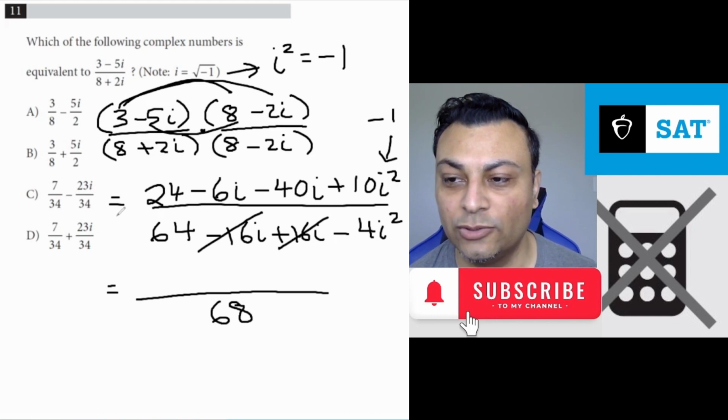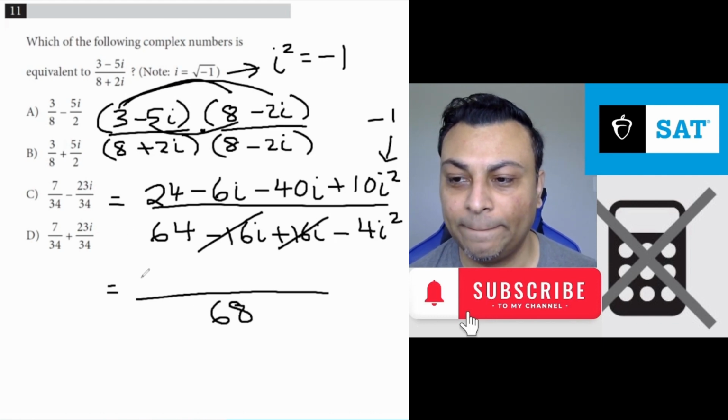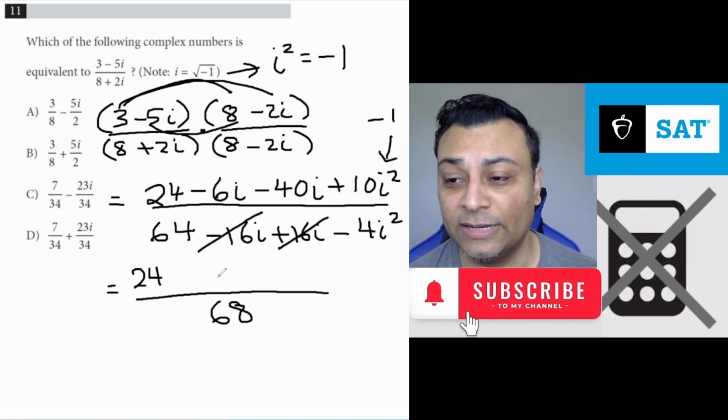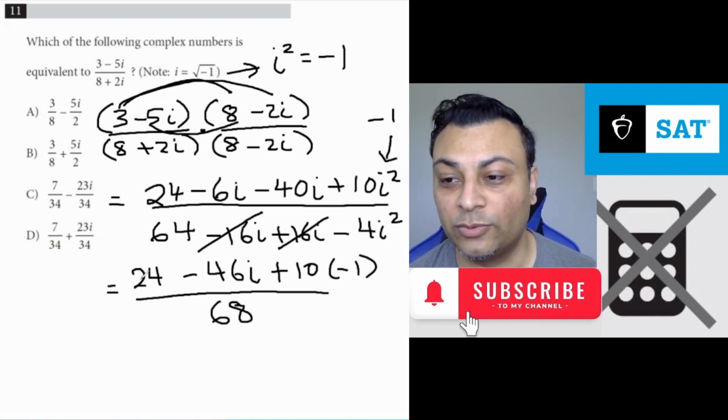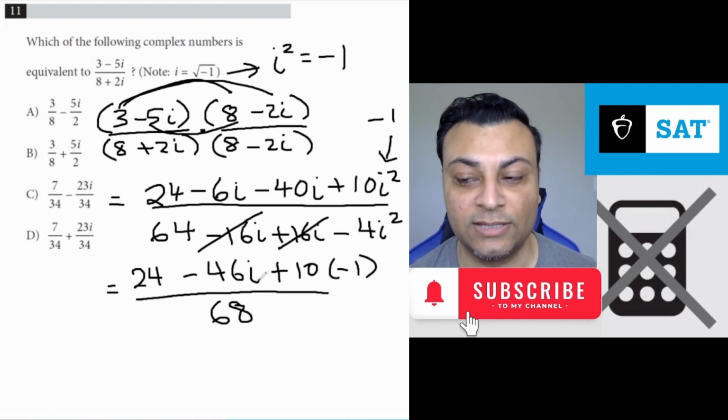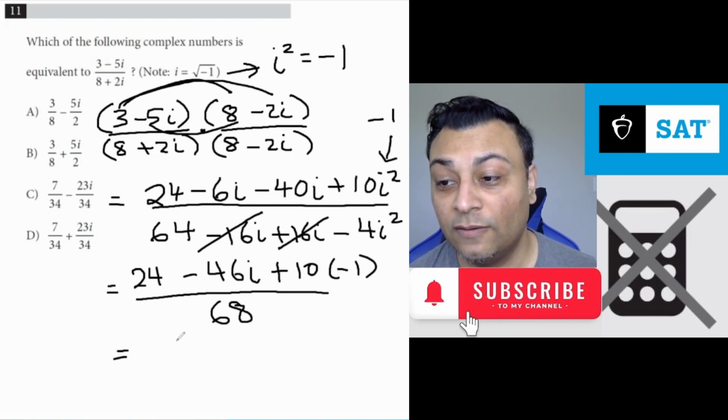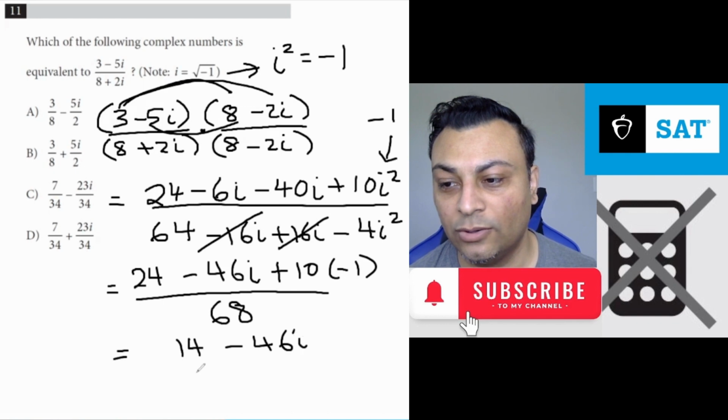Now the numerator: 24, minus 6i minus 40i is minus 46i. And here we have plus 10i squared, which is plus 10 times -1. So you have 24 subtract 10, which leaves you with 14 minus 46i over 68.